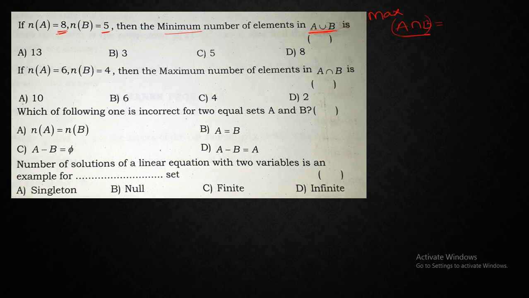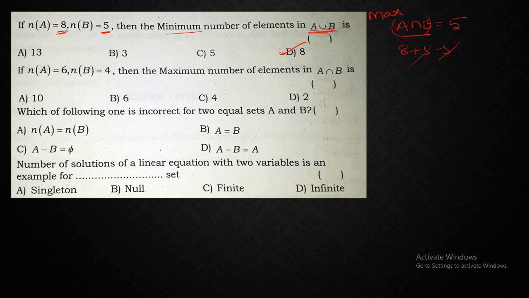With 8 and 5, the common part we can take is 5. So n of A union B, what is the formula? 8 plus 5 minus 5, which gives me 8. So what is the answer? 8, right? Next, n of A is equal to 6, n of B is equal to 4.